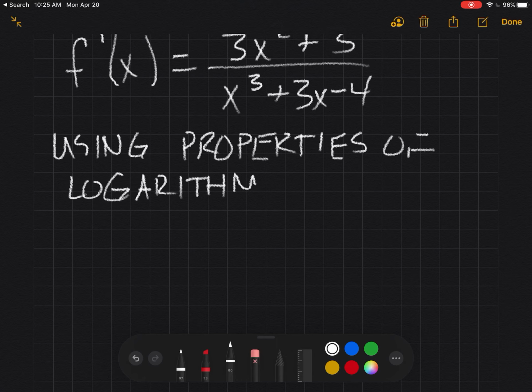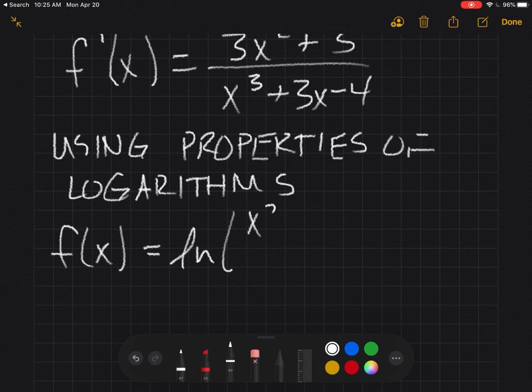I want to show you how you can use properties of logarithms to make a derivative easier.